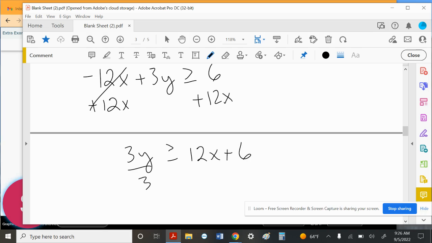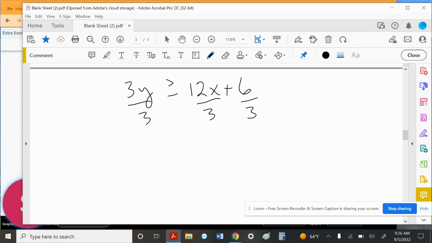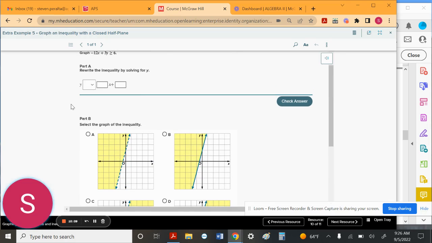Dividing everything by 3, because it's positive, it doesn't change the signs. So y is greater than or equal to 4x plus 2. This time it is 4, and this time they're positive. So I check my answer, and everything's okay.